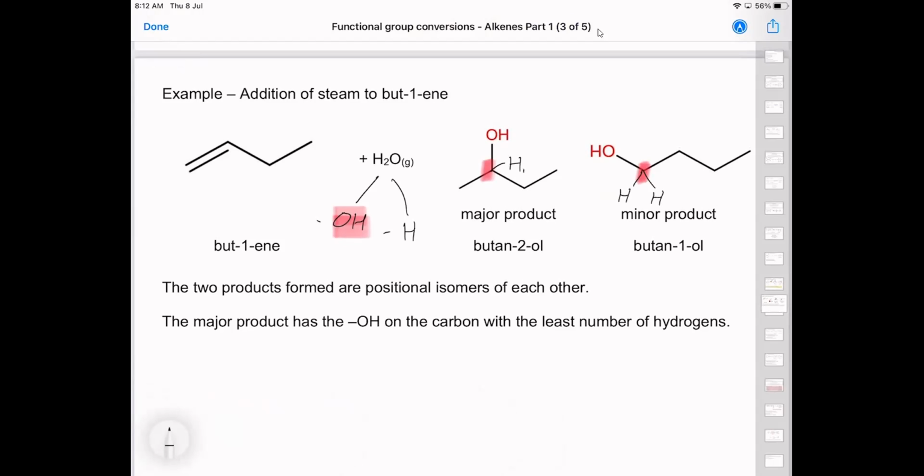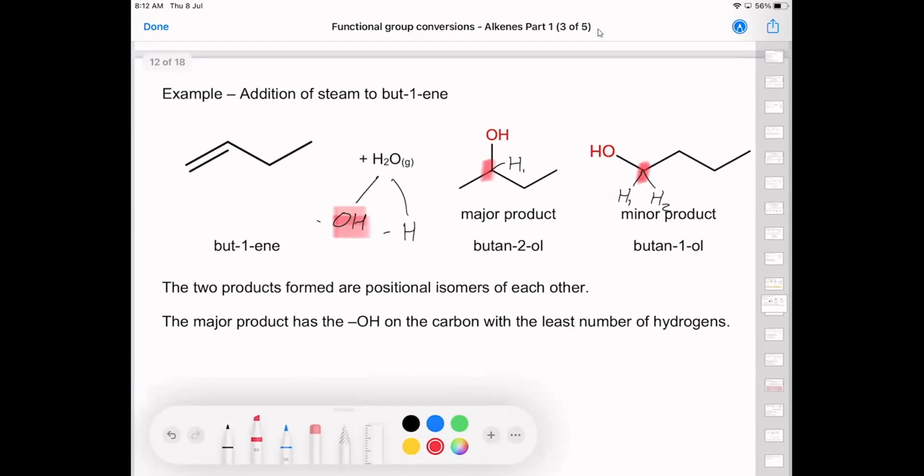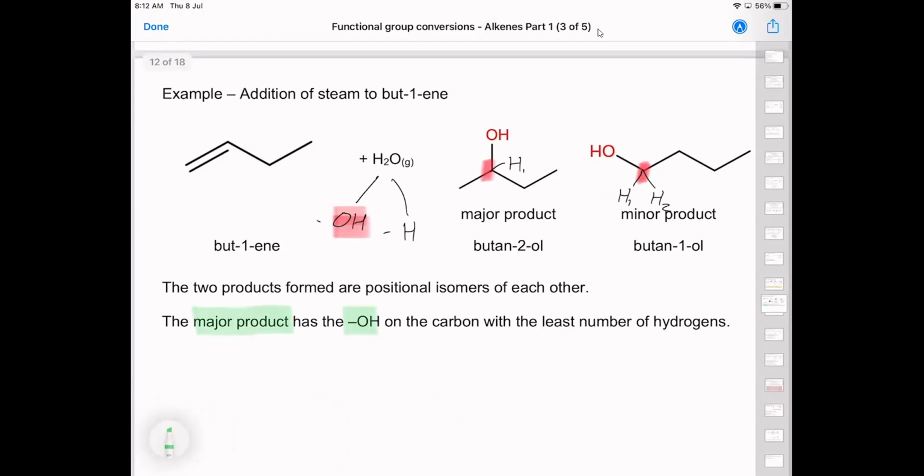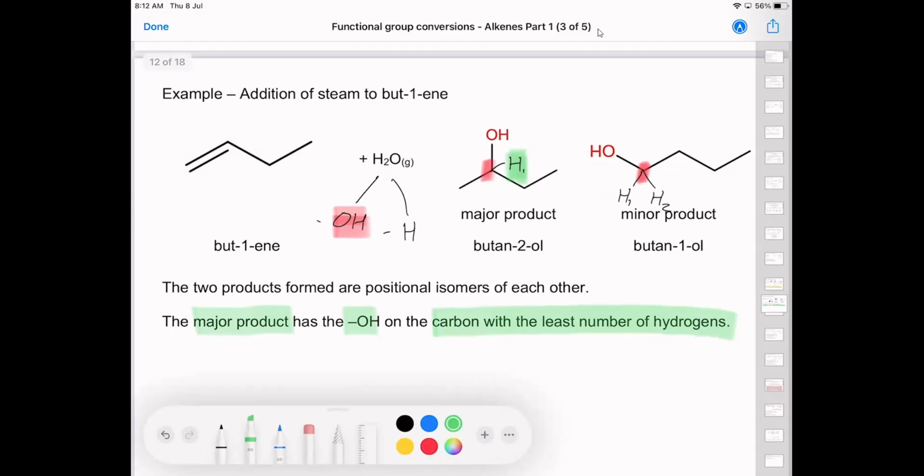By the rule, the major product has the OH on the carbon with the least number of hydrogens, and that's this one over here. Both products are possible, but the one on the left-hand side, butan-2-ol, would be considered the major product. Everyone happy with that so far?